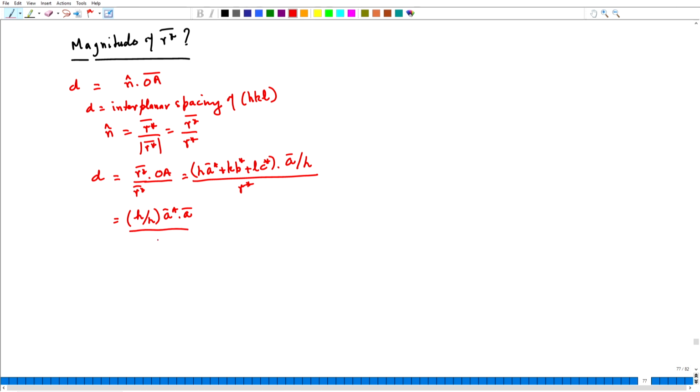This divided by R star. Now, A star dot A is equal to 1, H upon H is 1, therefore, this is simply 1 upon R star. Interestingly, the magnitude of the reciprocal lattice vector R star is simply the reciprocal of the interplanar spacing D of the planes to which R star is perpendicular.